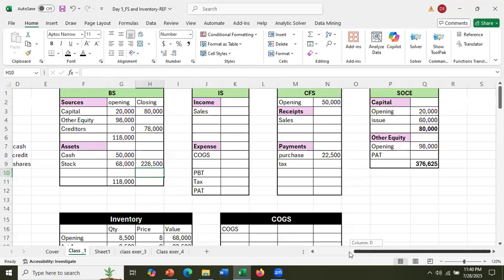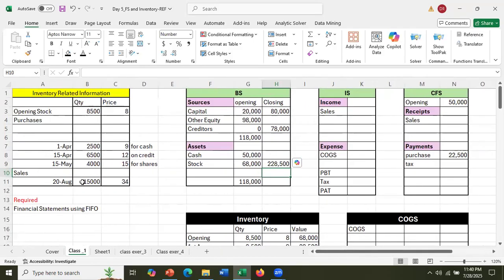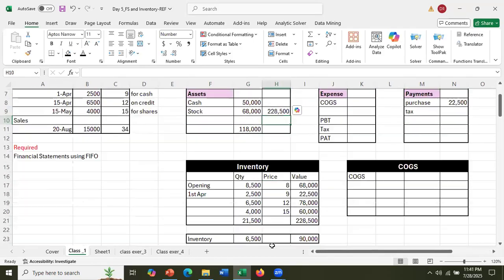Now the company has sold 15,000. How much stock is there? 21,000. So let us see the value of COGS by using FIFO. Since it is FIFO, first in, first out, first we sell from the opening stock. So the corresponding value is equal to 8,500 into 8.